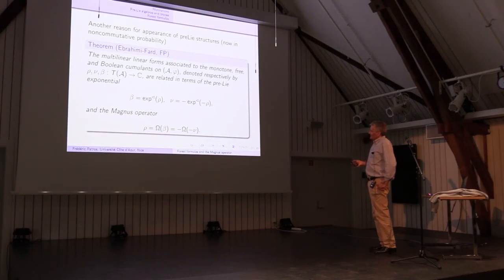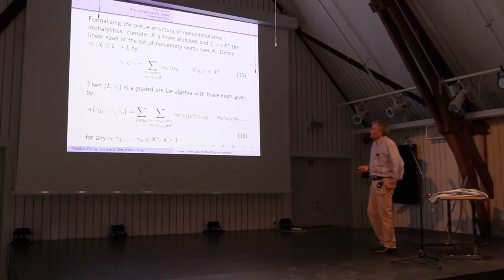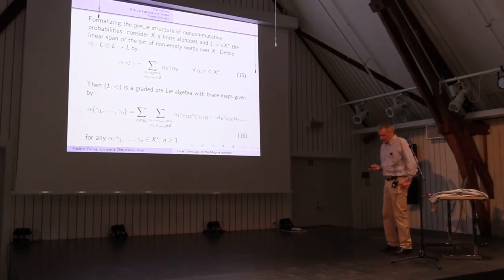Namely, the fact that there's a way to understand the relations between the various notions of cumulants appearing in free probability in terms of the Pre-Lie exponential and the inverse Magnus operator. The underlying Pre-Lie structure is formally the following one. It's related to the previous talk. That's why there could have been a connection between the two, but it seems it's not the case.